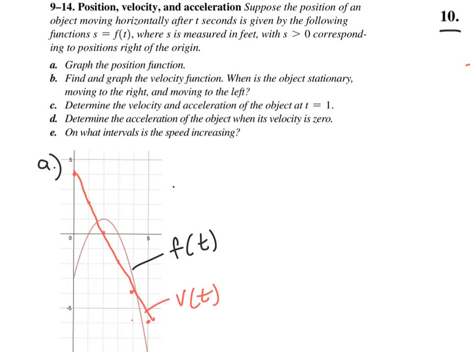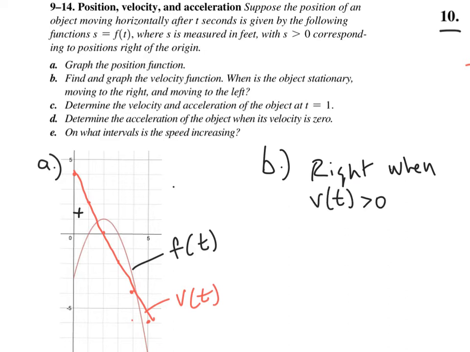Then it asks, when is the object stationary, when is it moving to the right, and when is it moving left? So what I want to do here in Part B, I can just tell by the graph. When v of t is positive, when my derivative is positive, meaning when it's above the x-axis, it's moving to the right. So we're moving to the right when v of t is greater than 0, and that's over the interval between 0 and 2.